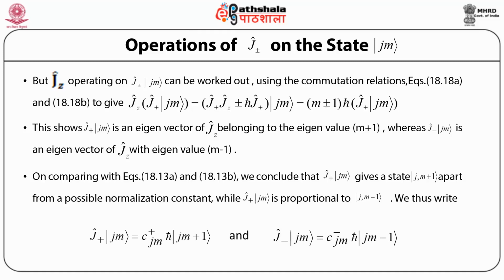So we can thus write operator J+ ket |j m> is equal to C_jm^+ ħ ket |j, m+1>, and operator J- ket |j m> is equal to C_jm^- ħ ket |j, m-1>.